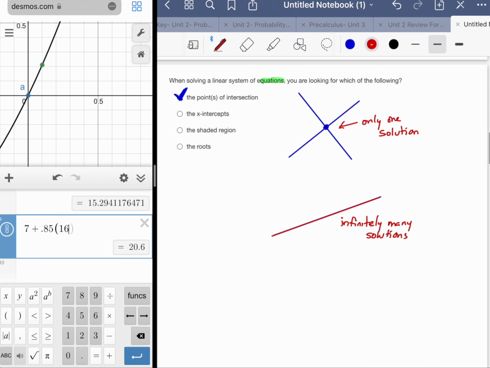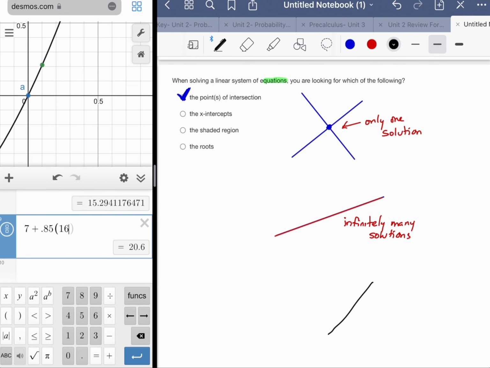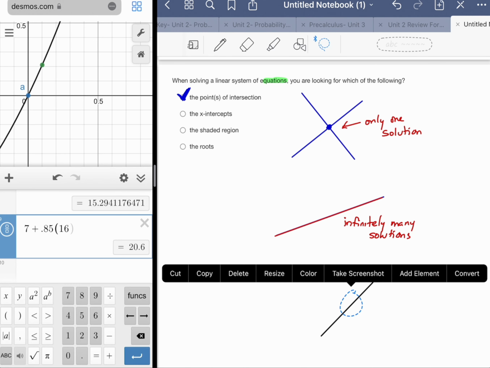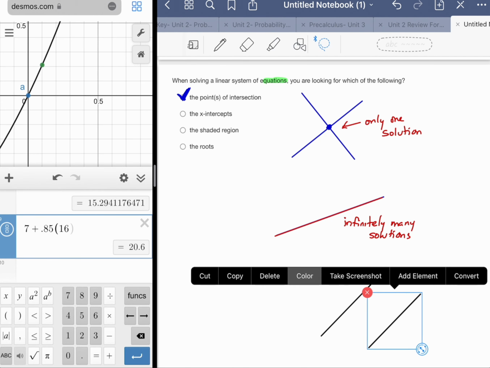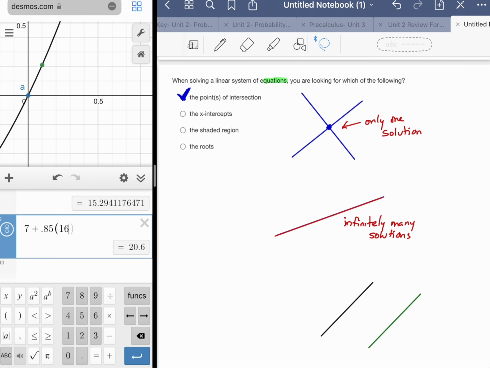And then the other possibility would be that the two lines never intersect. All right, and that would happen if you were dealing with two parallel lines. This would be no solution. Lines are parallel.